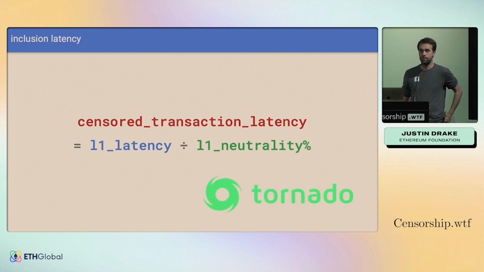And this is relevant for Tornado Cash transactions today that are tornadoes on the OFAC list. And very roughly speaking, there's 75% censorship, meaning there's only 25% of block space which is neutral. And so actually you have a multiple of 4 there on the inclusion latency.